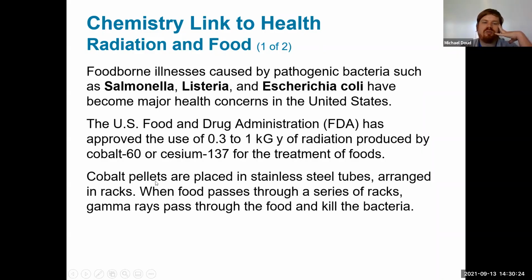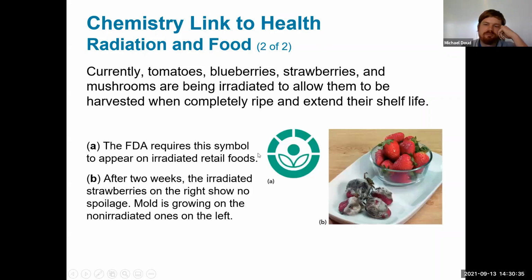What they do is they take cobalt pellets, place them in stainless steel tubes arranged in racks, and the food passes through the racks with the gamma rays passing through the food and killing the bacteria on it. This is an example of the benefits: the strawberries on the right side have been irradiated, and those on the left were not, after 2 weeks.